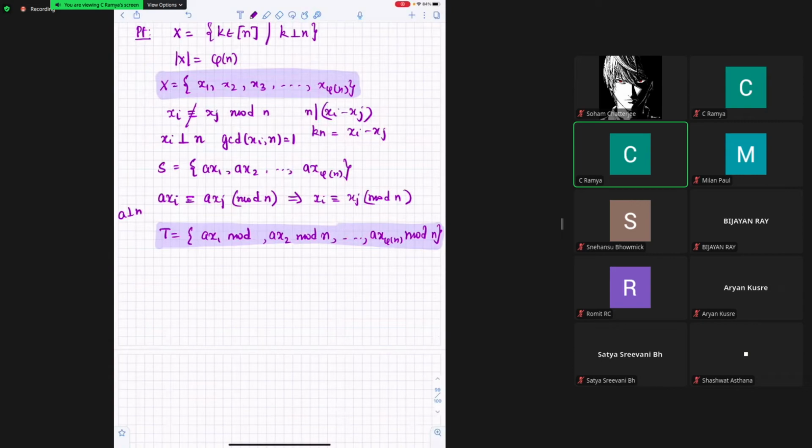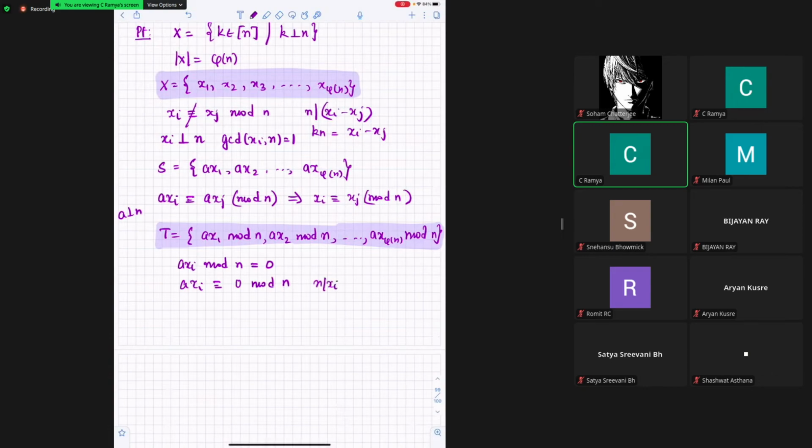First let's look at elements in this set. Because you have gone modulo N, all these elements are between 0 and N minus 1. Now the question is, can they ever be 0? Can it be that AXi mod N is congruent to 0? If this did happen, then N divides AXi.